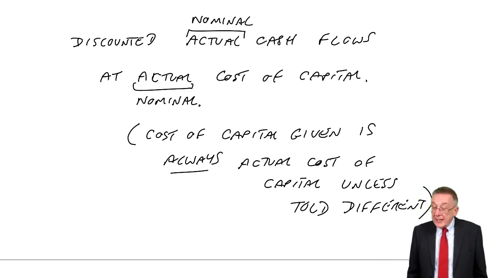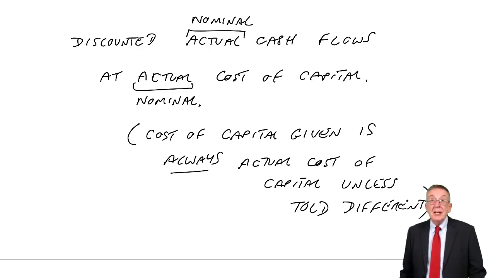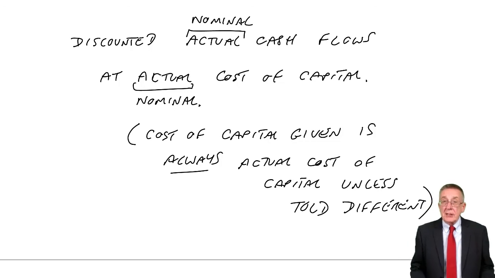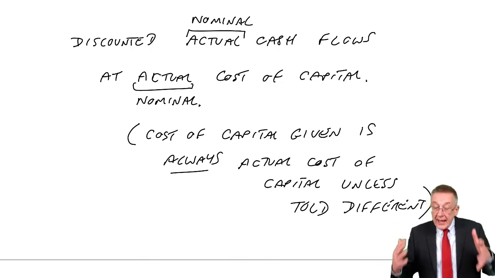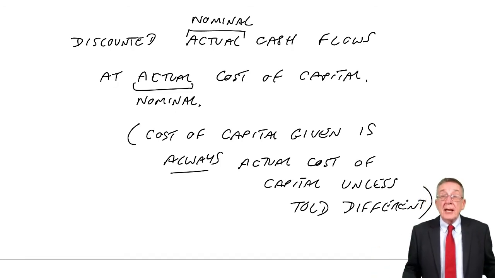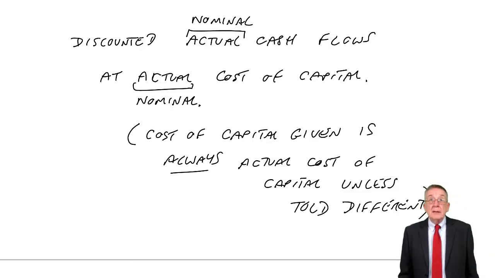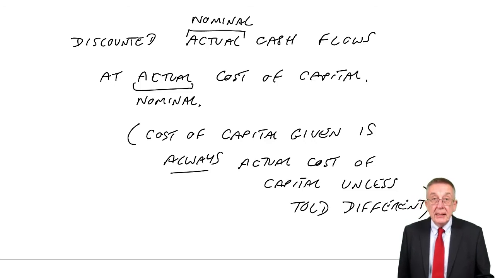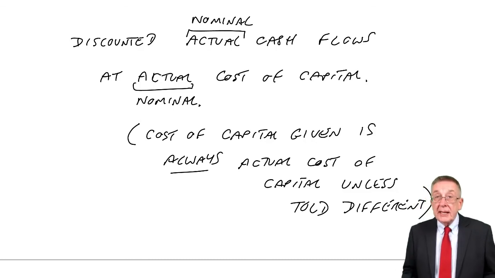You'd be expected to do what we've done, and in most questions, get the actual cash flows by inflating, as we did, and having got the actual cash flows, then as normal, discount at the actual cost of capital. However, because there are situations when another approach might be needed, we're going to have one more lecture on this chapter, again looking at inflation.